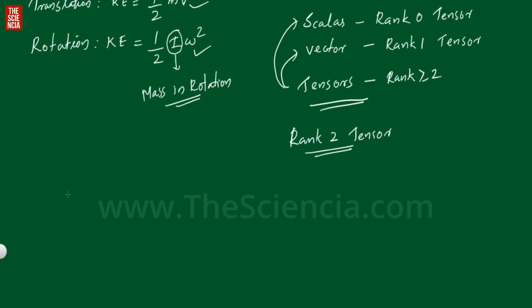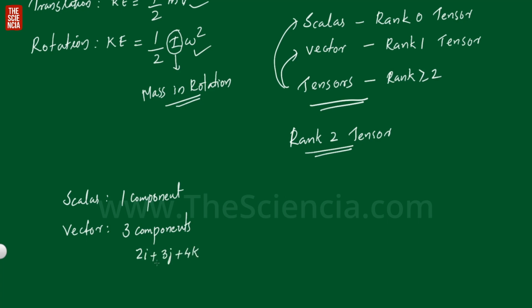You already know a scalar has one component, and a vector has 3 components. For example, a vector like 2i plus 3j plus 4k has 3 components.